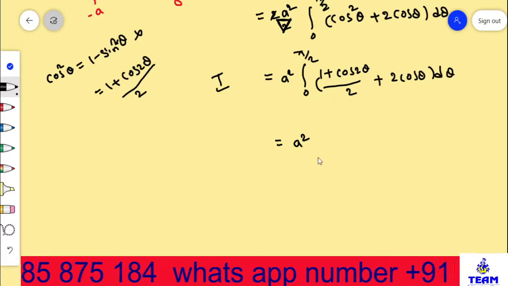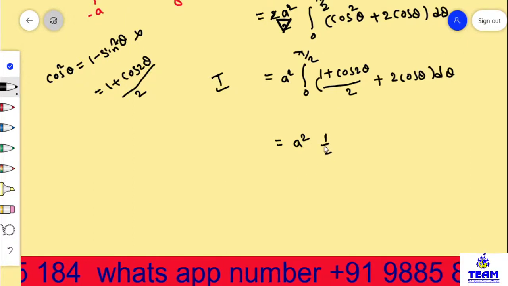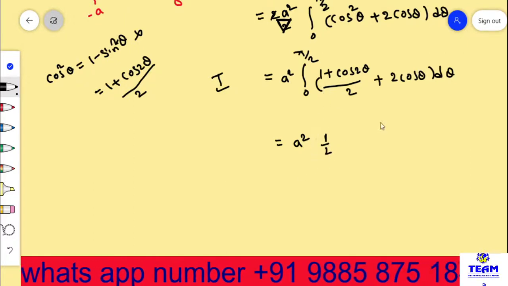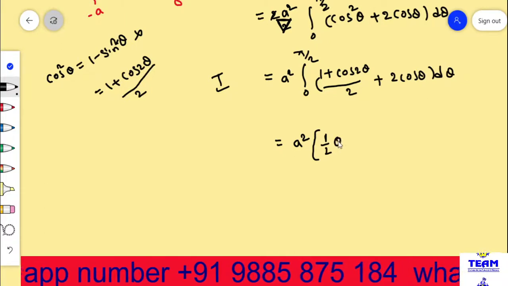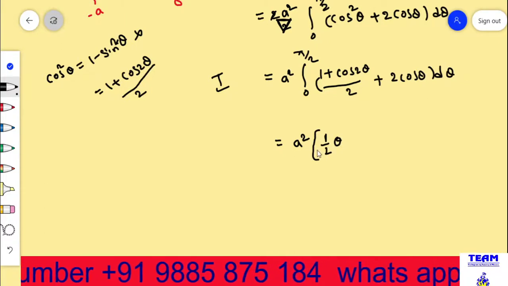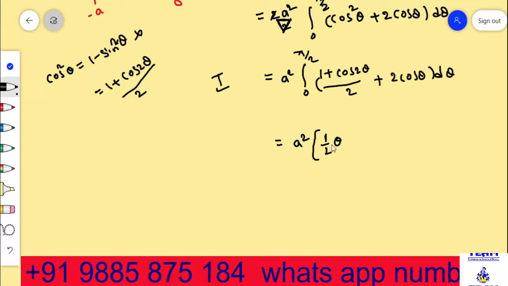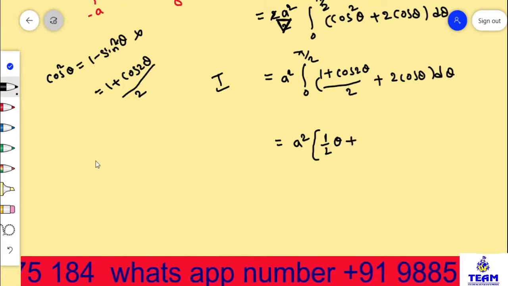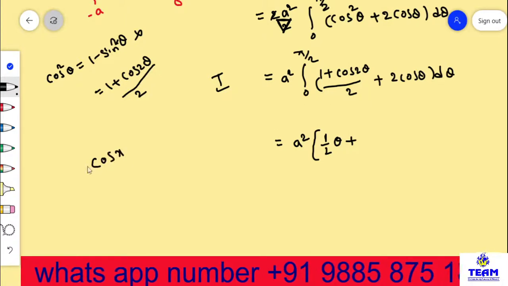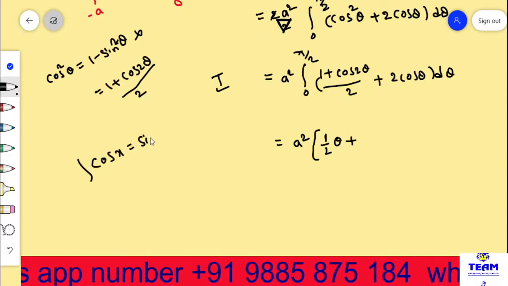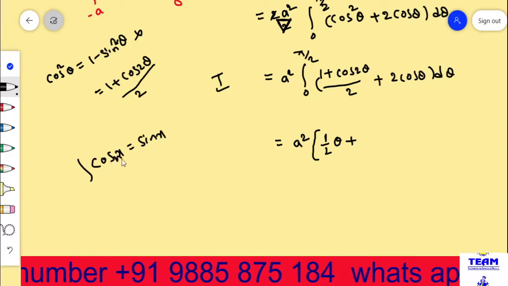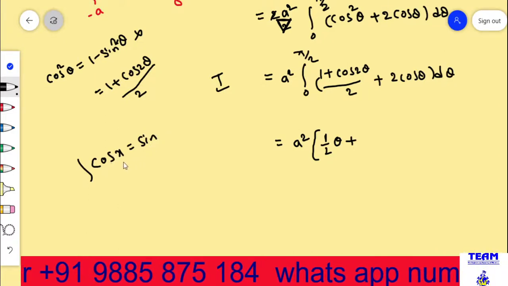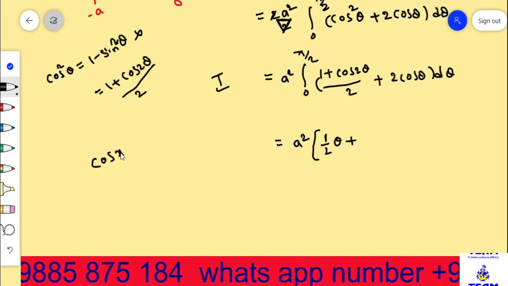Separately you have to integrate, friends. First, 1 by 2 integrated with respect to theta. Integration of a constant with respect to x is x only, so the constant integrated with respect to theta is theta. Plus the integration of cos.